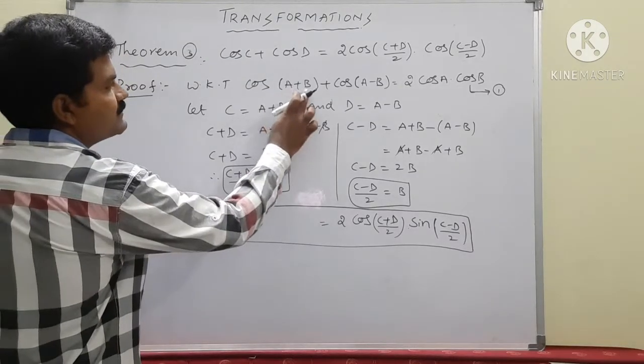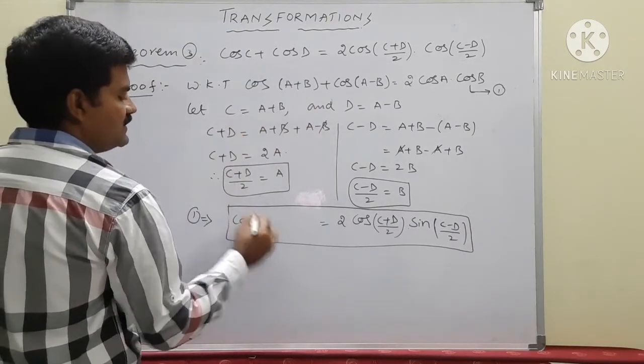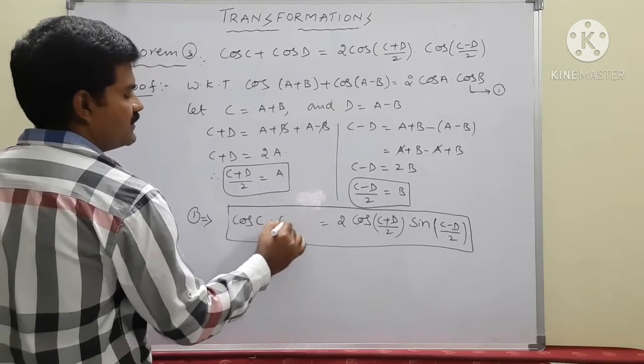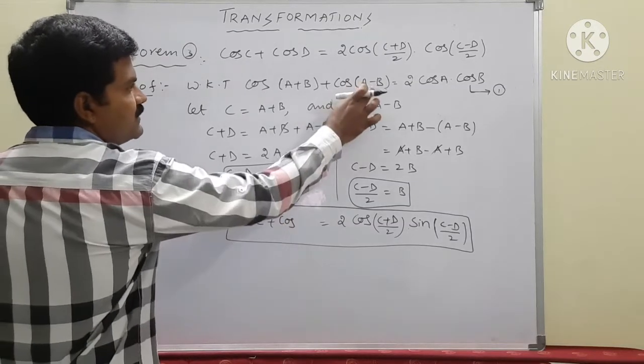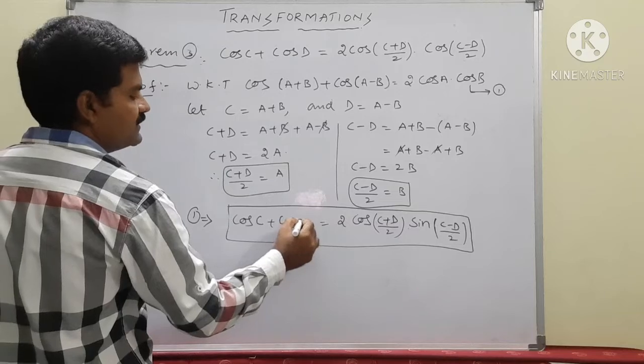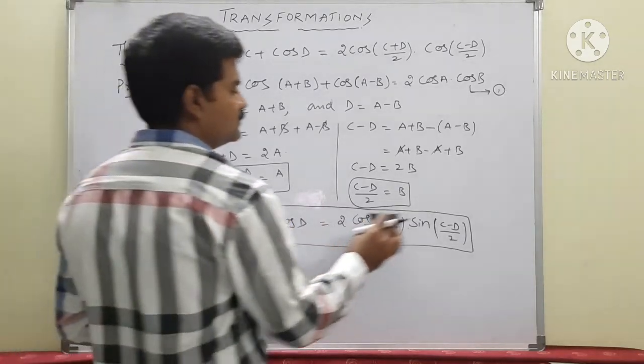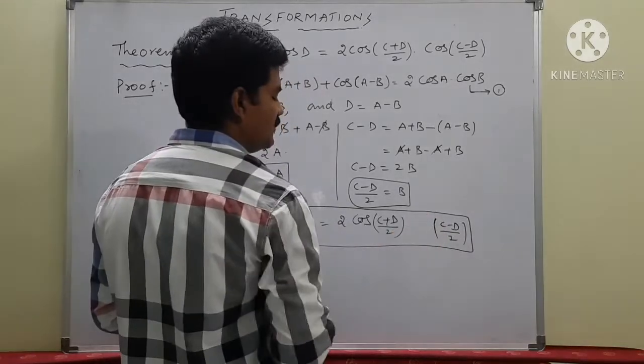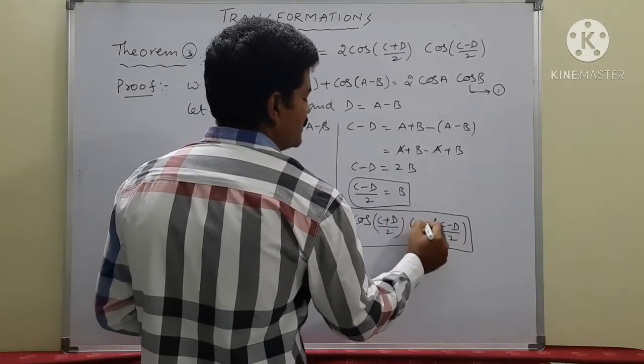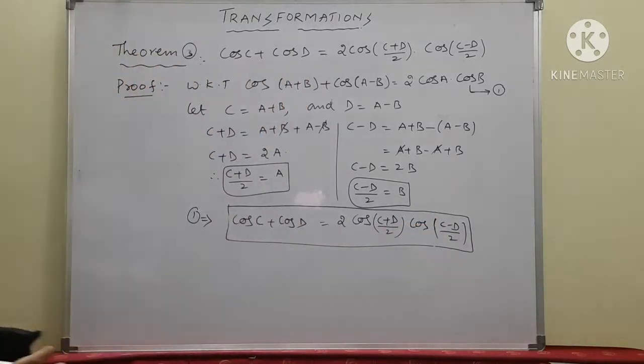Cos of a plus b we considered as c, plus cos of a minus b we considered as d. So cos c plus cos d is equal to 2 cos (c plus d) by 2 into cos (c minus d) by 2.